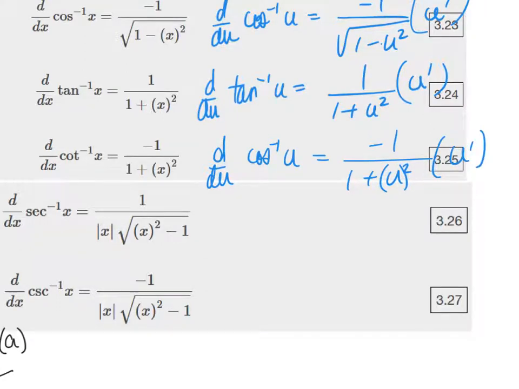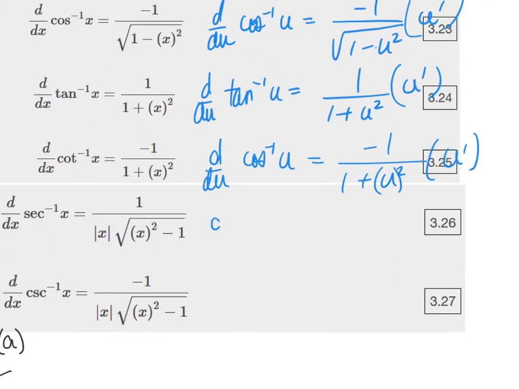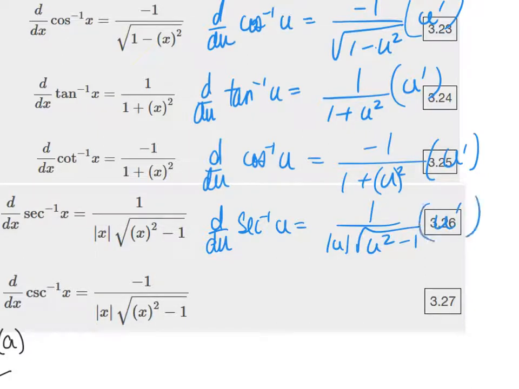So these are the ones you'd put on your note card. And then our cosecant and secant here: the derivative of the secant inverse of u is 1 over the absolute value of u times the square root of u squared minus 1, times the derivative of u.